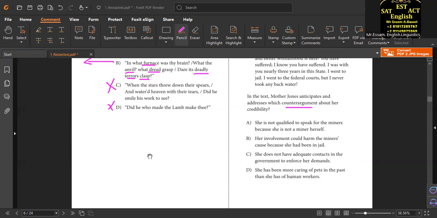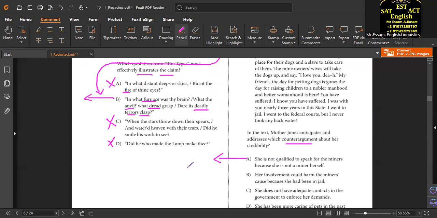It can be letter B, but this is not the counter argument. Why didn't they check evidence for letter A? Find any evidence that she is not already a miner.